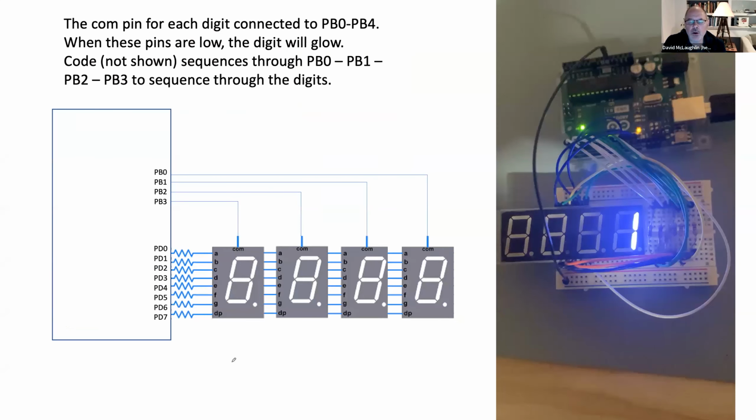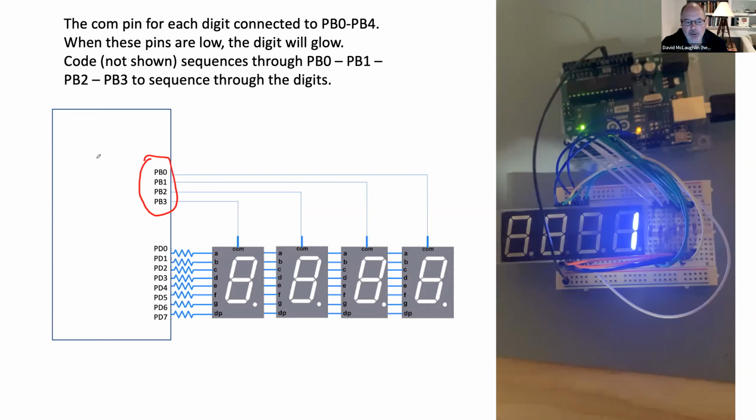Okay, so on this one, instead of taking all the commons and grounding them, I'm connecting all the commons to four different pins. Now, I don't have the code here to show you, but it's simple. I have a counter, this ring counter, 0, 1, 2, 3, 4, 5, 6, 7, 8, 9. And I'm also going to be rapidly sequencing through the different digits.